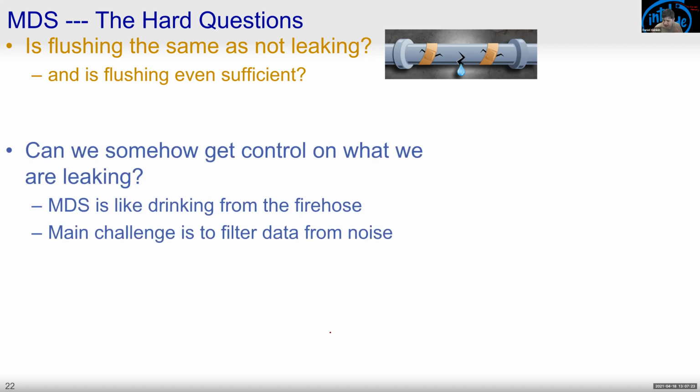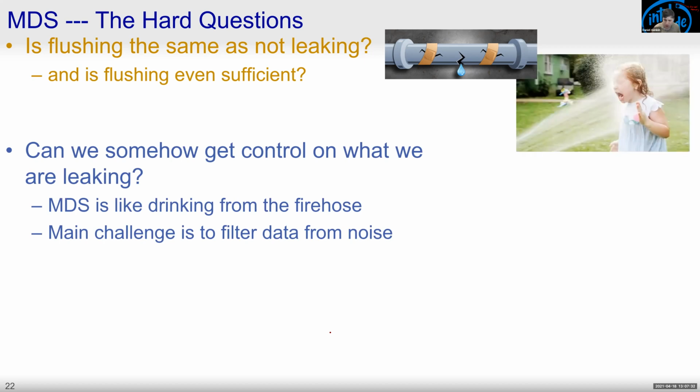Now, from the adversary side, MDS left me a bit unsatisfied. Because MDS is like drinking from a fire hose. You have a lot of data. There is no limit on what data you're going to get because there is absolutely no check. But it also means you don't know whose data you're going to get. You're going to get some bits. It's up to you to figure out how this data relates to the data you got previously and how it will relate to the data you get tomorrow.